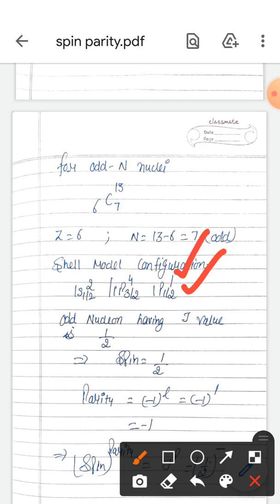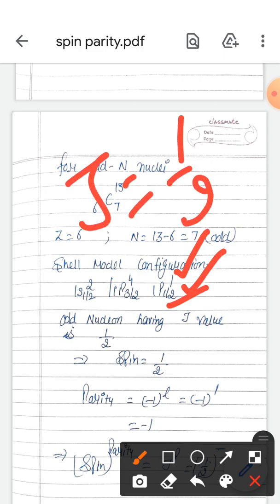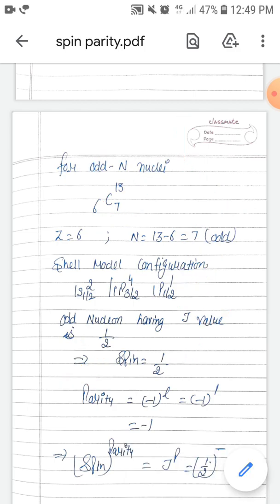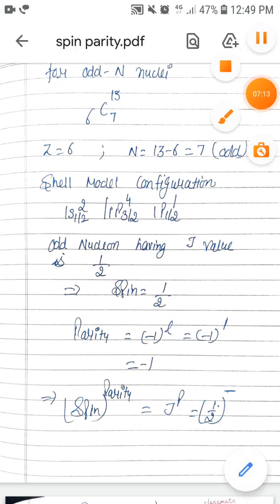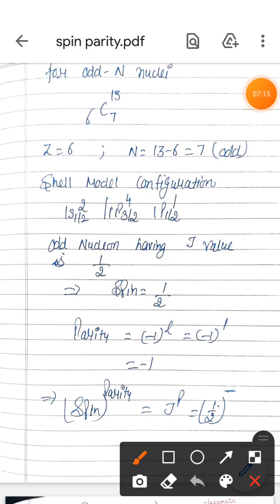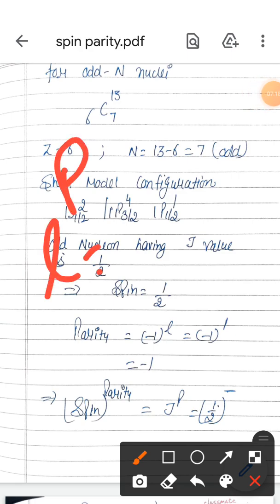So what will be the angular momentum quantum number? That is J is equal to half. So it is also equal to spin. So J is equal to spin, which is equal to half. Now what will be the parity? You know that for P, L is equal to 1, because for P the azimuthal quantum number is 1.